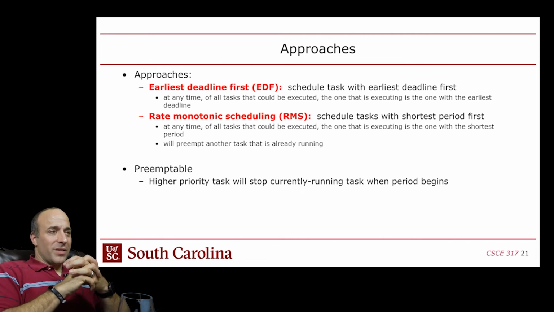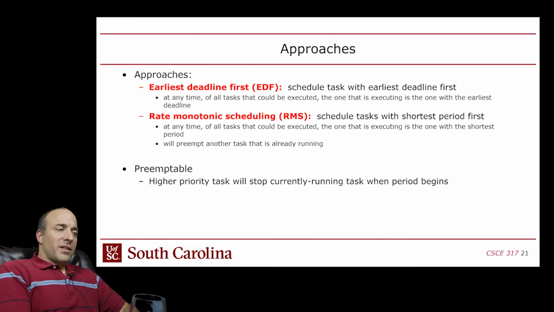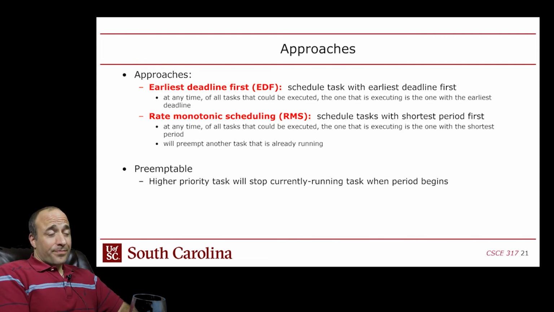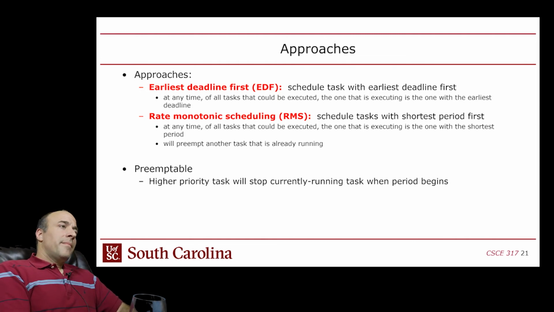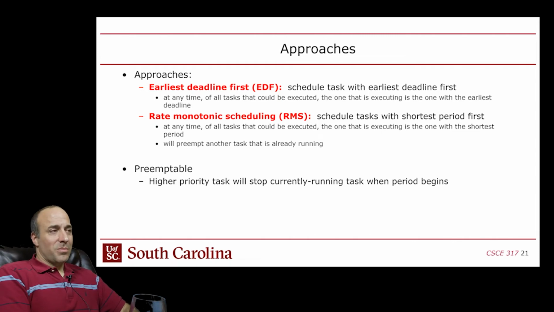Now you might think, wait a second, what's the difference? The task that has the earliest deadline may not be the task with the shortest period. And the reason for that is because the deadlines are relative to when the scheduling decision is being made, whereas the periods don't depend on when the scheduling decision is being made.